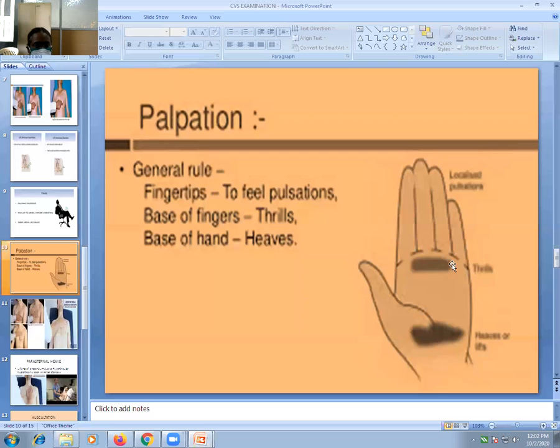And the base of the hand is for parasternal heave. So fingertips to feel the pulsation, base of fingers for thrills, and base of hand for parasternal heave. This is the general rule for palpation of the cardiovascular system.